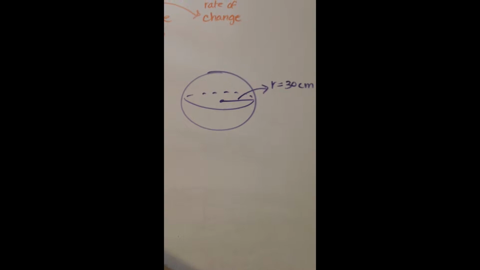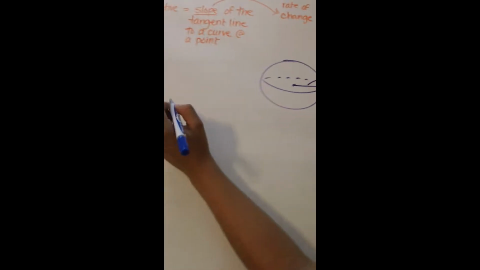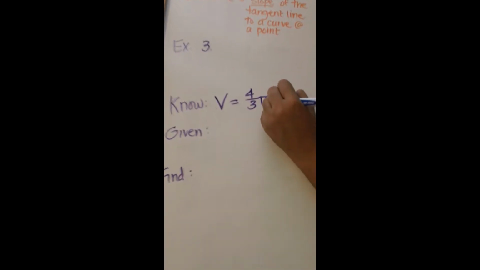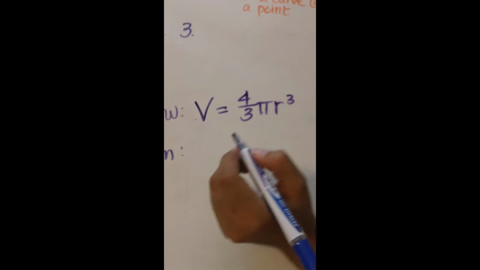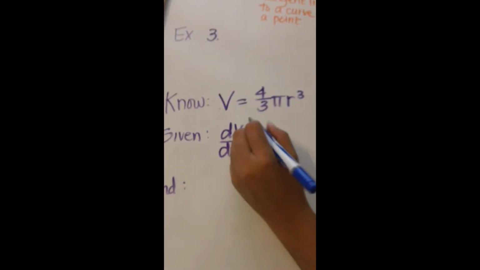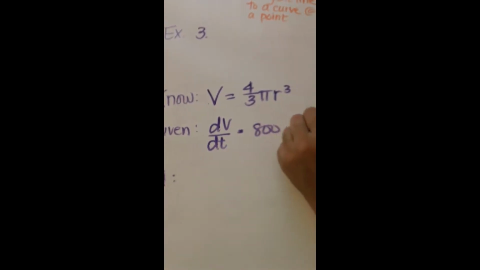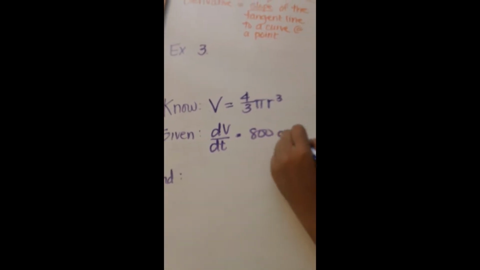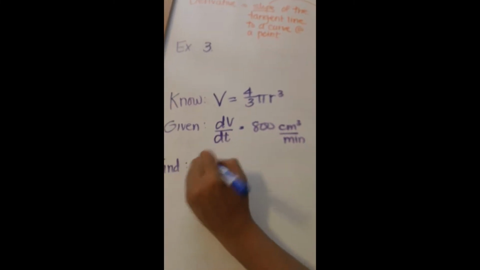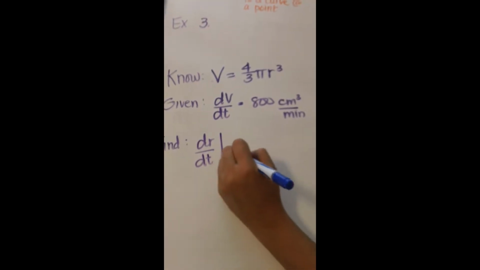Well, we know the volume of a sphere is 4/3 pi r cubed. We're given that the volume is changing with respect to time, being 800 cubic centimeters per minute. And we're asked to find the change in the radius over time when the radius is 30 centimeters.